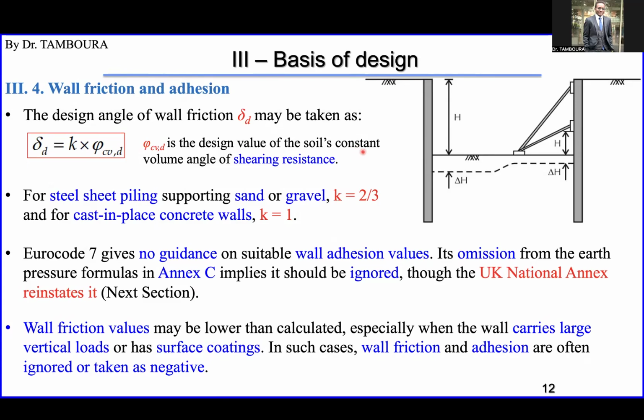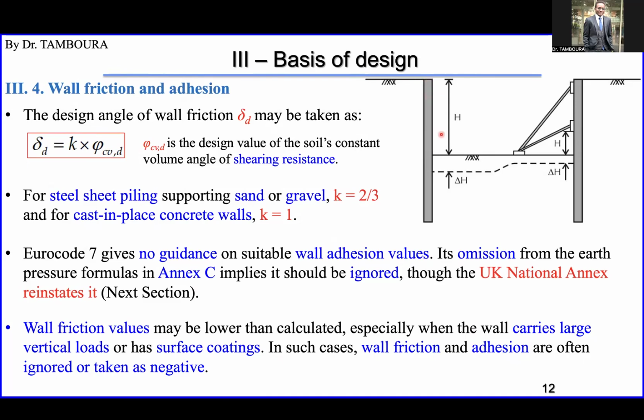So this value, for example, the wall friction, you see K is 2/3 or 1. This value may be even lower when, for example, the wall is supporting some load, because some walls are supporting load.